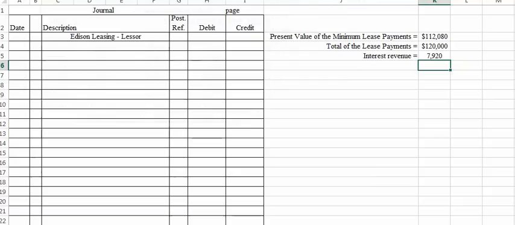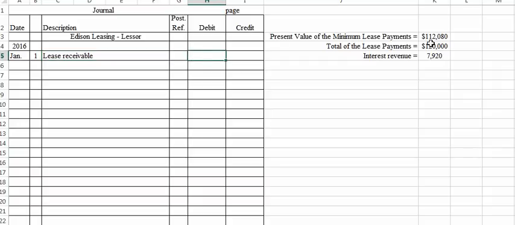So let's go through and make the journal entries here for Edison Leasing. We'll start with 2016 and January 1. Alright, so we're going to start out by debiting lease receivable, which is an asset, of course, for Edison Leasing.